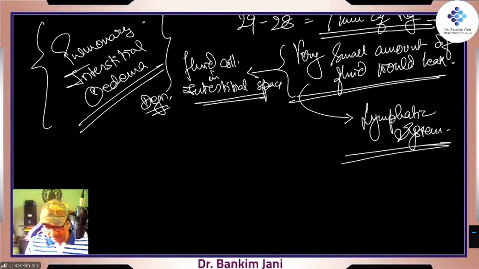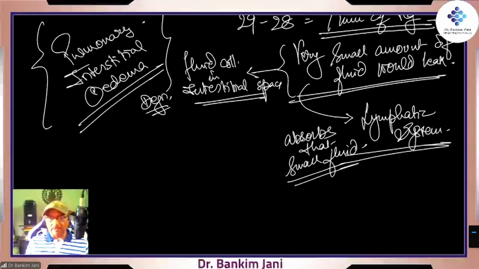So the lymphatic system absorbs that small fluid. And now things are good. The lungs will remain clean. Lungs will remain dry so that they can do gas exchange very effectively. From there, it will go into the blood circulation.